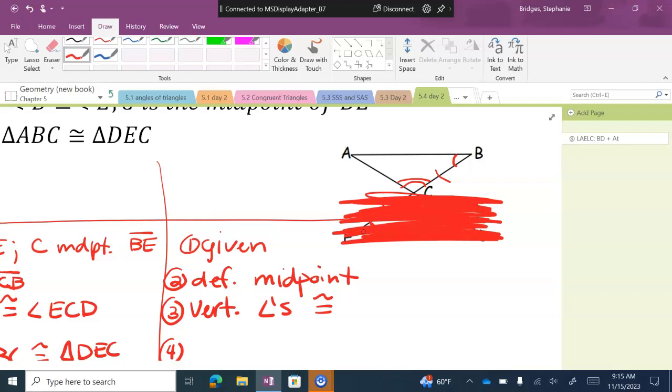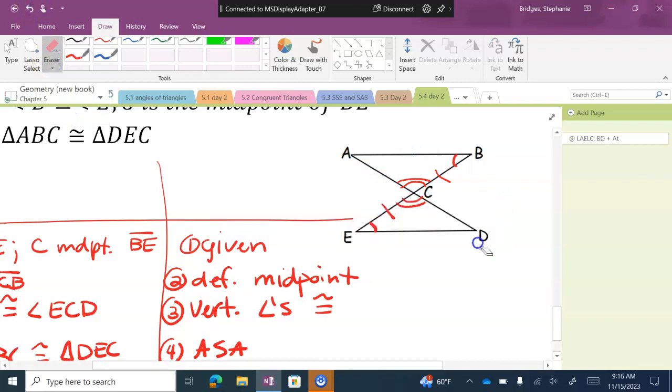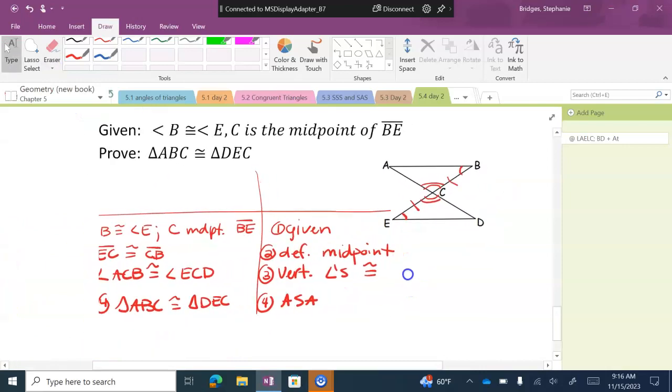Where is my side? Is it in between my two congruent angles in that triangle? It is. So this one would be angle, side, angle. If it weren't in between, it would have to be like this one up at the top or this one over to the side. But because it's the one that's in between, then we can call it angle, side, angle.